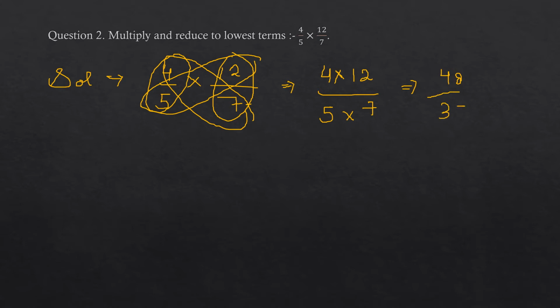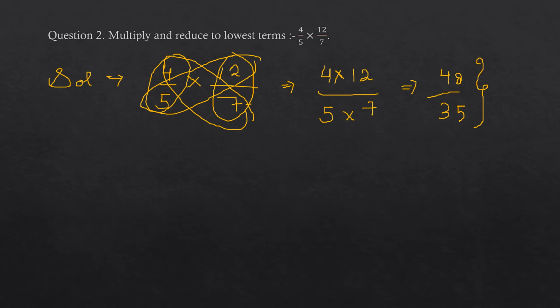Okay, so now we have to reduce them to lowest terms, but we do not have any common factor between 4 and 35. If you know how to reduce any fraction, we just write their factors and then we take out the common factors, and among those common factors we take out the highest common factor to reduce the fraction.